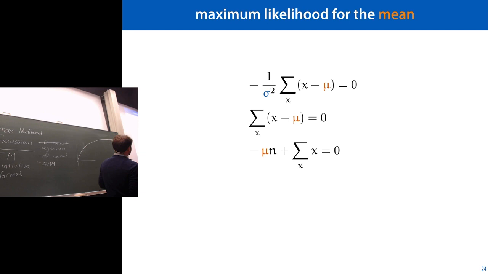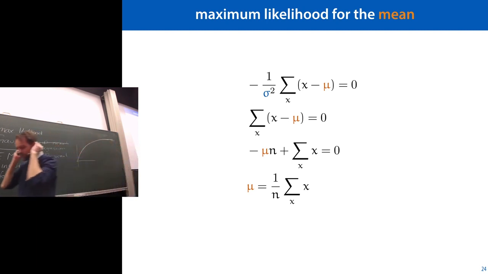And if we rearrange this and solve it for mu, we get that mu is the good old-fashioned mean that we already know. So actually, the maximum likelihood estimator for the mean of a normal distribution is just the mean of your data. And you can do the same thing for the standard deviation, and for almost all of these functions. But the mean is the only one I'll work through entirely like this. So that's our 1D normal distribution.